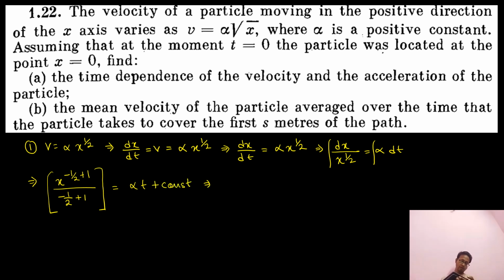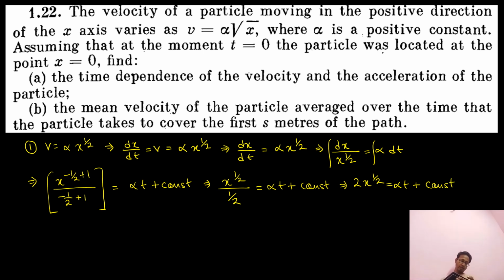Or out here, x to the power 1 by 2 by 1 by 2. This is the simplification of this term, equal to alpha t plus constant. Okay, or 2x to the power 1 by 2 equals alpha t plus constant.